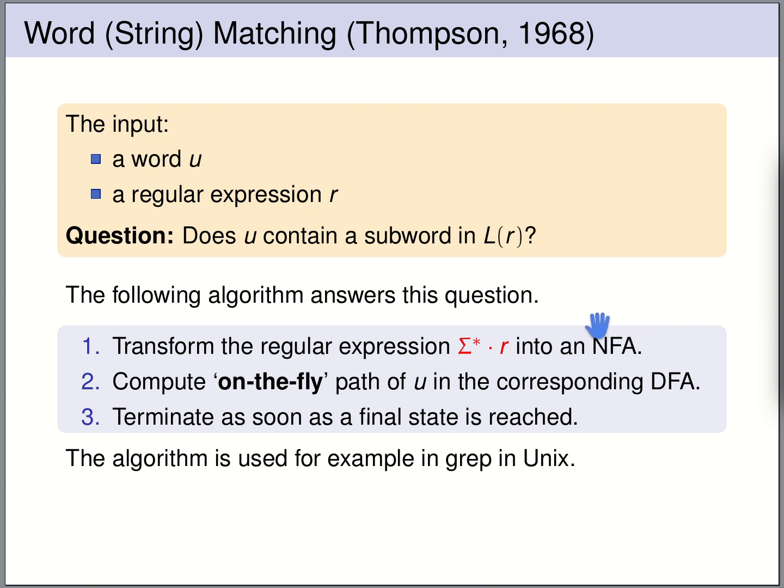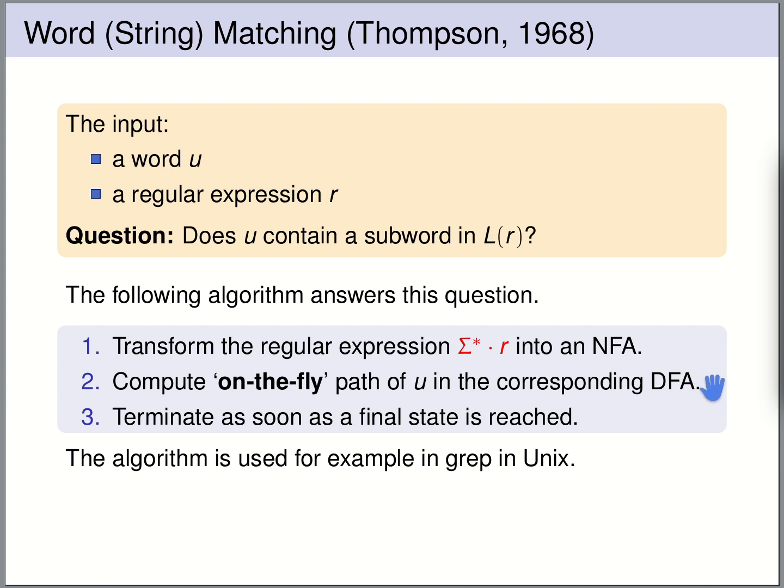So we do not convert the non-deterministic finite automaton fully into a DFA, but we only create those parts of the deterministic finite automaton that are needed when reading the word U. So we start with the starting state of the deterministic finite automaton, and then we generate only those states of the deterministic finite automaton that we visit when reading U. As already discussed before, this on-the-fly construction avoids the state space explosion that we would get if we generate the entire DFA.